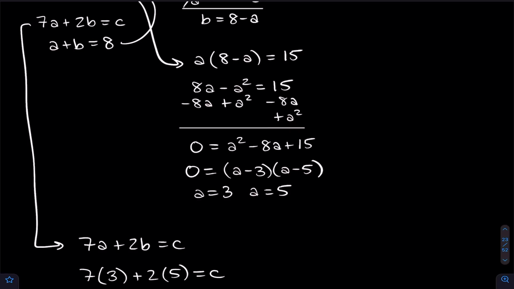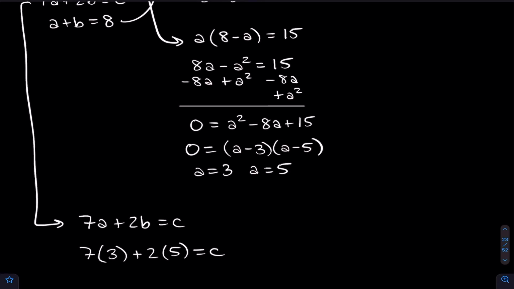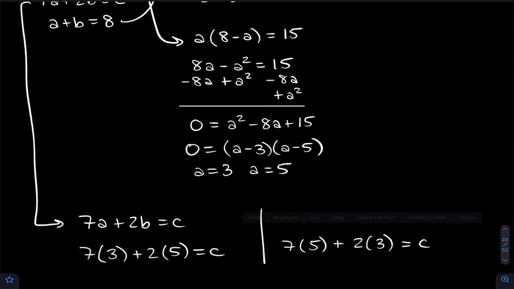So this is one possible value of c. Now another one would be if we plug 5 in for a, because that's the other value it can take. And if a is 5, then b has to be 3, so they add to be 8. And so right there you go.